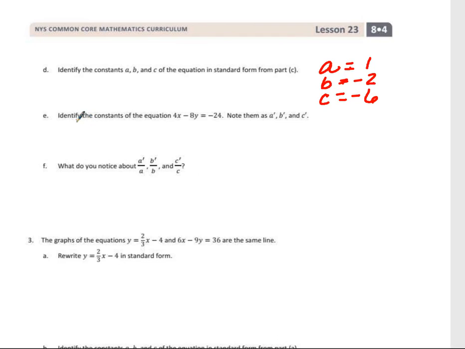Then it says, identify the constants in our standard form. So A prime, B prime, and C prime. A is 4, B was 8, and C was negative 24. And let's find our comparison here. So A prime was negative 24 over A, which was 1.